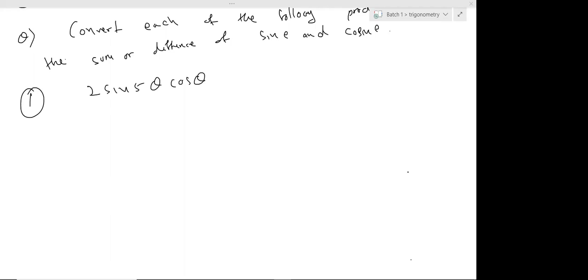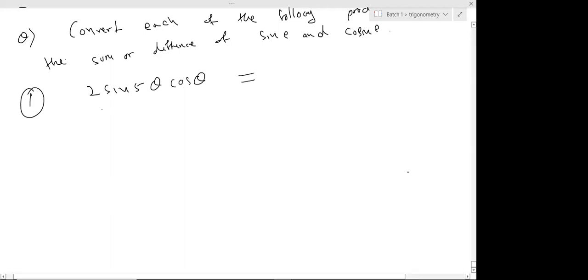Gautam, what did you do here? So sine 5 theta plus theta plus sine 5 theta minus theta. Right. So in the answer you just wrote 2 sine 10 theta. So that is not correct, right?